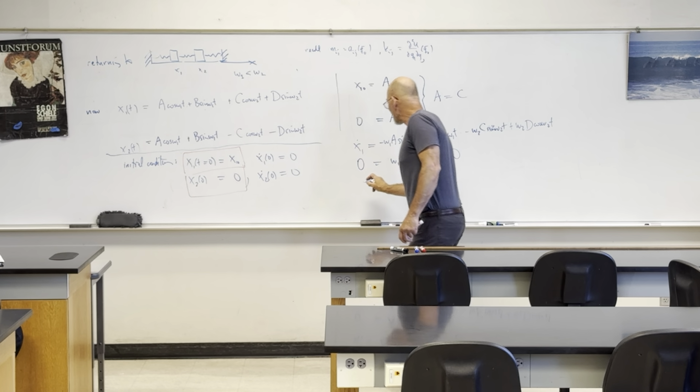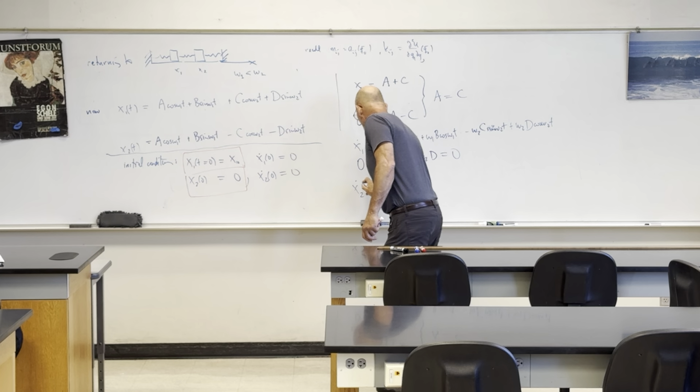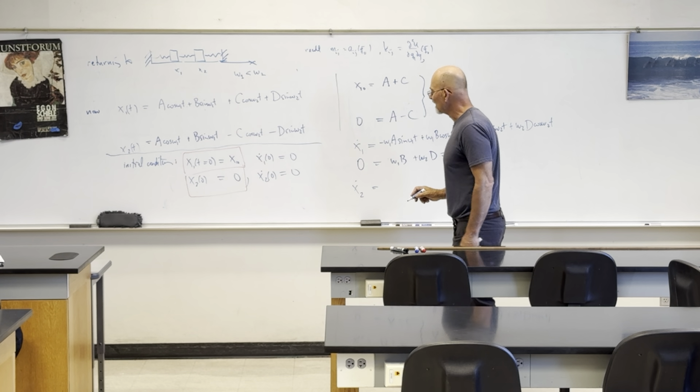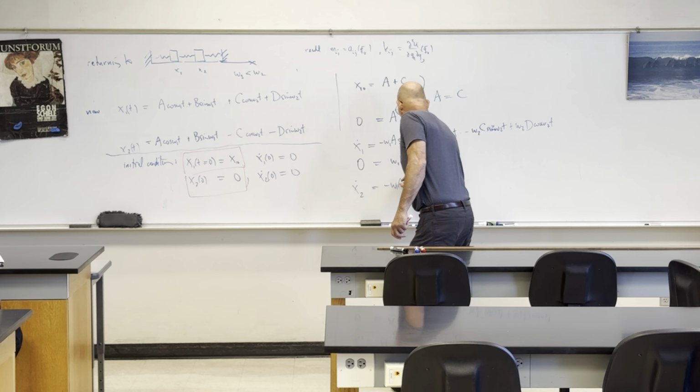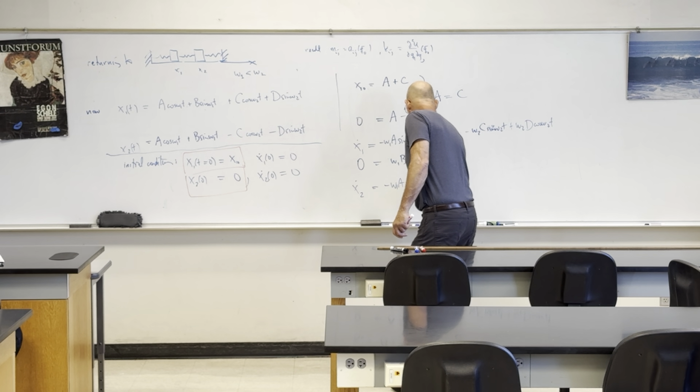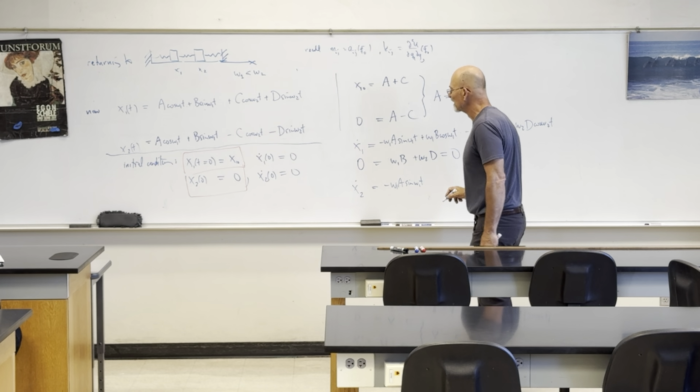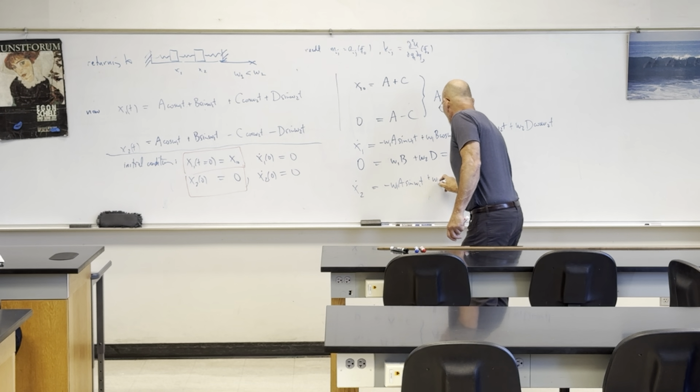And for x2 dot, yeah, we're really gonna get the punchline on Wednesday. For x2 dot, we have negative omega 1 a sine omega 1t plus omega 1 b cos omega 1t.